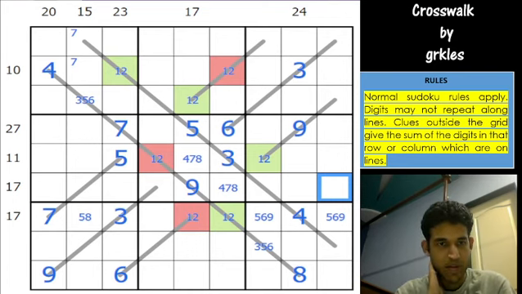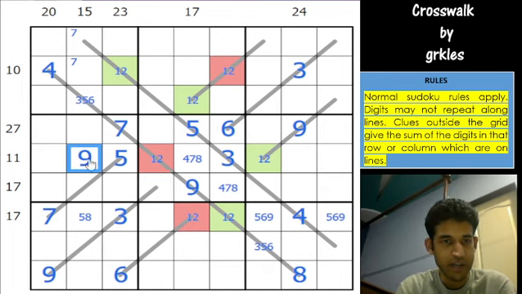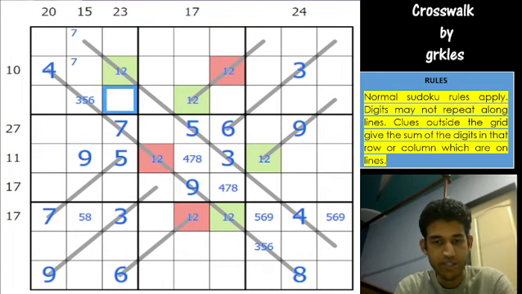So where do we start to look at now? Okay, I can use some classic here, gives a 9 here. Row 5, I can get a 9, so 9 goes in one of these 2 cells.